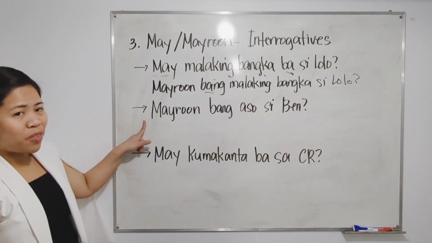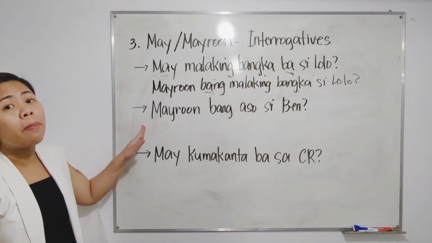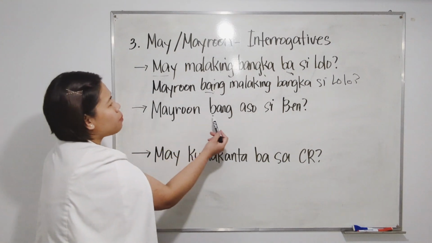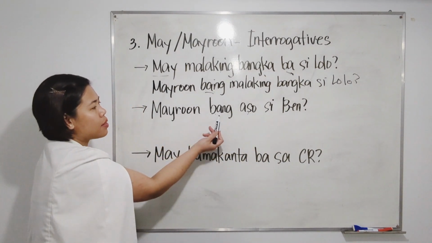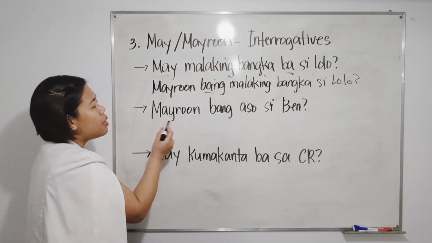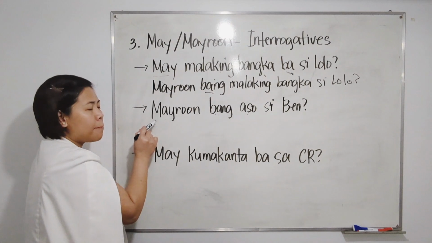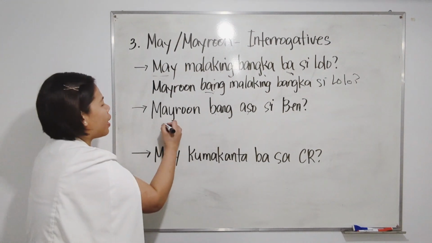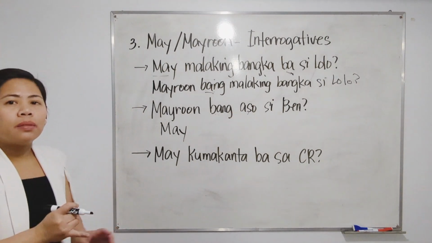Okay, it's the same with this one. So this one, we started with mayroon. We are going to change this to my. So here, meron bang aso si Ben? So we use mayroon here because the next word is a word particle. How about if we are going to make this question as starting with my? So my, what are we going to put next to my?